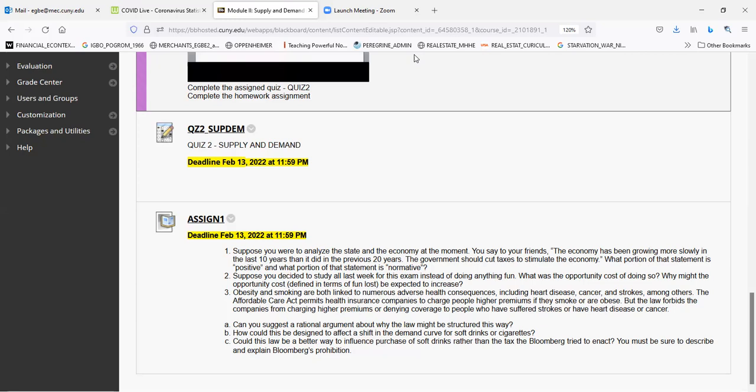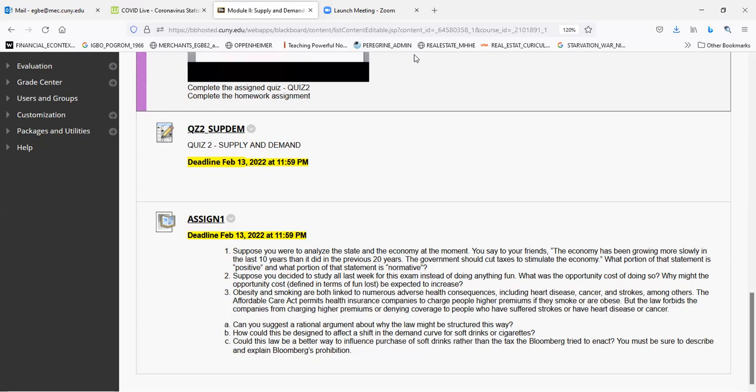Would it cause the demand for cigarettes to shift up or to shift down? Down. That is the whole idea. So here and now you are looking at an application of economic theory. The law will cause the demand curve for cigarettes to shift down. That is the whole idea.